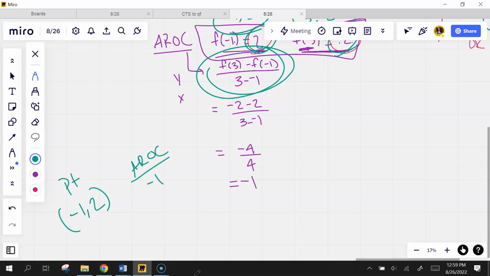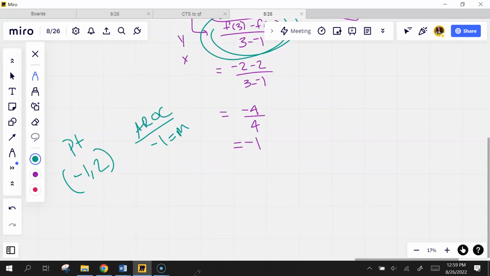My slope is negative 1. How do you write the equation of a line given a point and a slope? Point slope form.